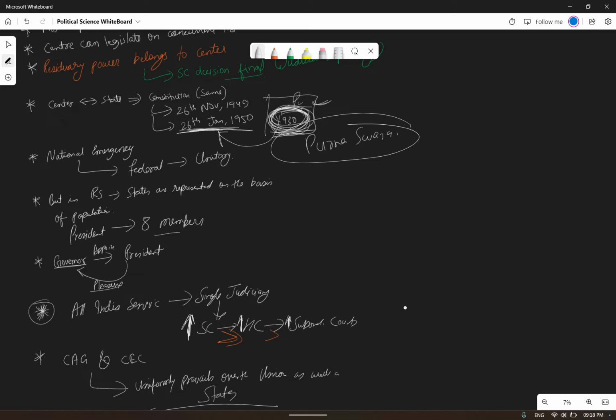I remember in one of my previous videos when I was teaching this, I mentioned both things. The dates are correct: 26 January 1950 and 26 January 1930 as the Purna Swaraj date. But by mistake, the gap between 1930 and 1950 is 20 years, but in the reading confusion I counted it as 10 years.